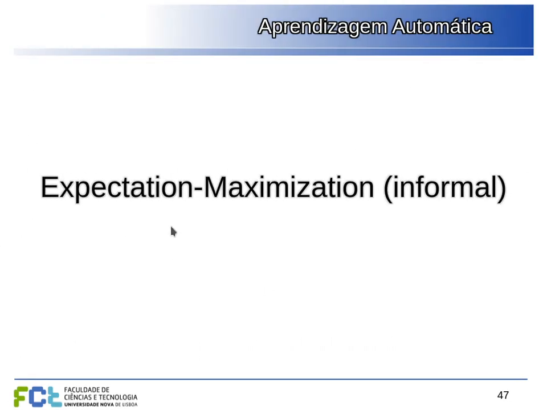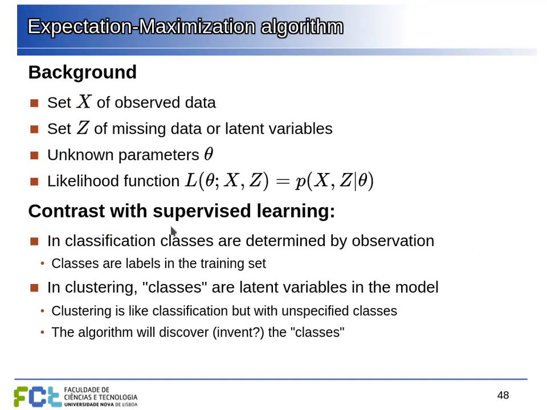Okay, so this Lloyd's algorithm gives us a first informal look at a very important algorithm in unsupervised learning in several applications, which is expectation maximization. So let's consider something similar to what we did with supervised learning.